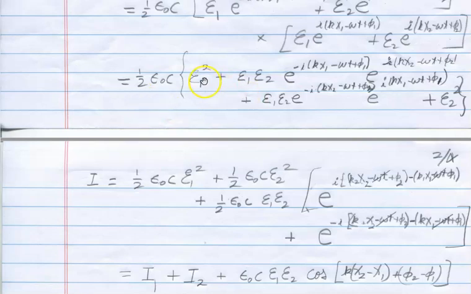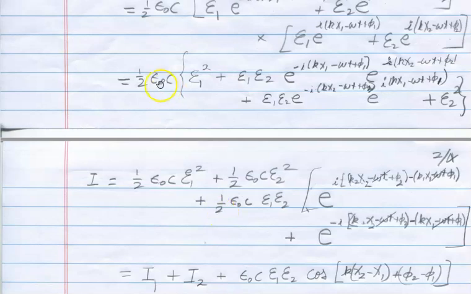I reorder it, so I'll multiply through by this 1/2 epsilon c, and I notice these two terms have a common factor, so I can pull it out, put this term second, and then the cross terms, again, they've got a common factor, so I pull it out.